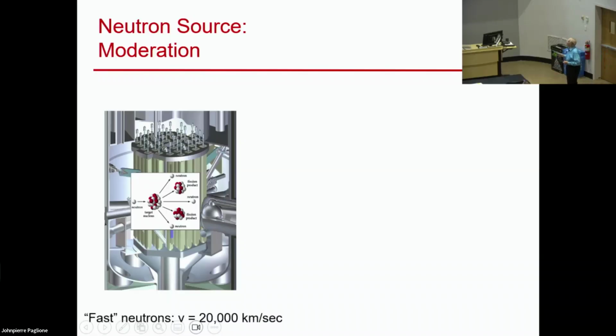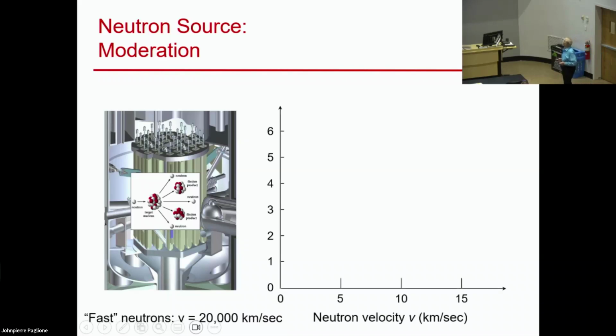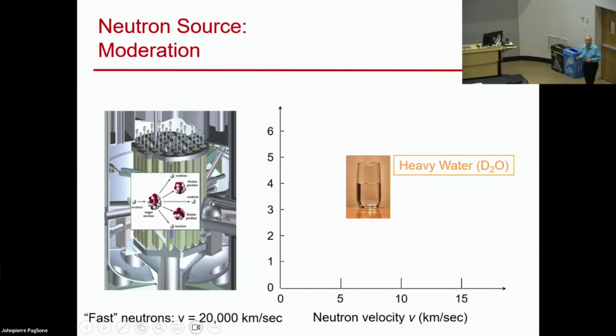When these neutrons come out, they have millions of electron volts in energy. It's a nuclear process, so those energies are enormous. You have to cool them down, and the way you do that is to use a moderator, like heavy water. The neutrons collide with the protons, the deuterons in this case, over and over again, and you get a thermal distribution of neutrons.